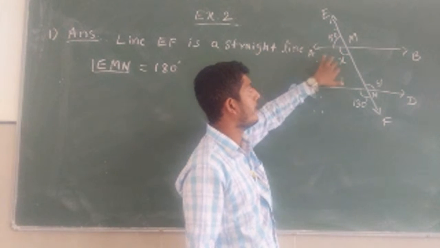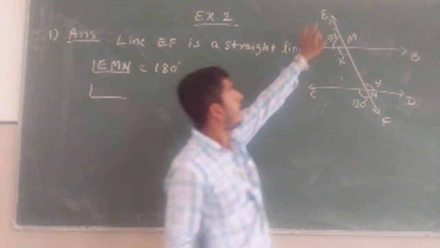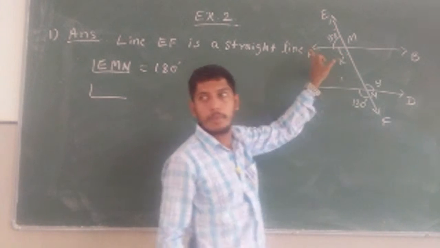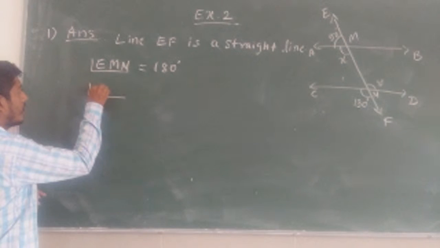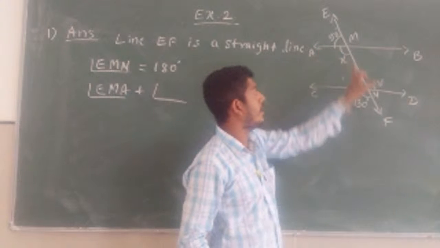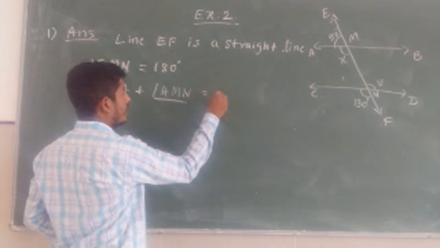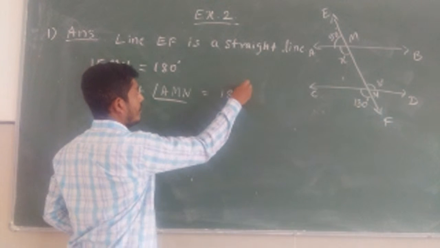One is 50 degrees and one is x. That's why I write angle EMA plus angle AMN equals 180.